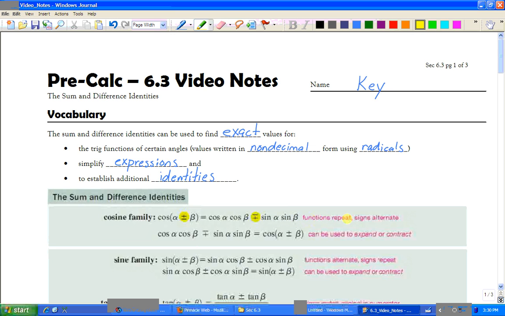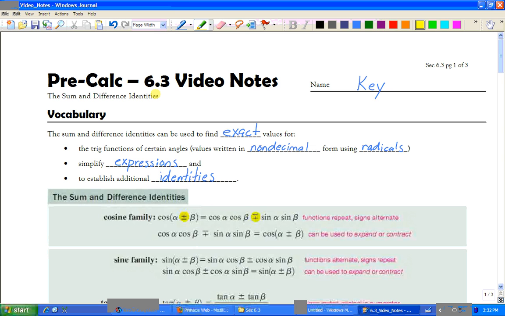So the functions repeat, which means cosine, cosine, and then sine, sine, but the sign, plus or minus, alternates. So basically the plus is on the top here, and it matches with the minus on the top here. And vice versa, if it's a minus, you're going to have a plus.